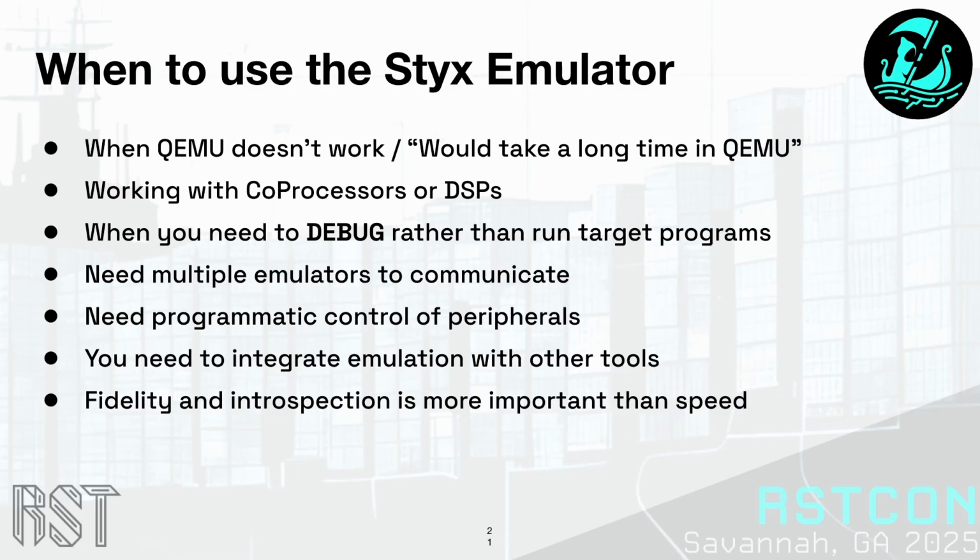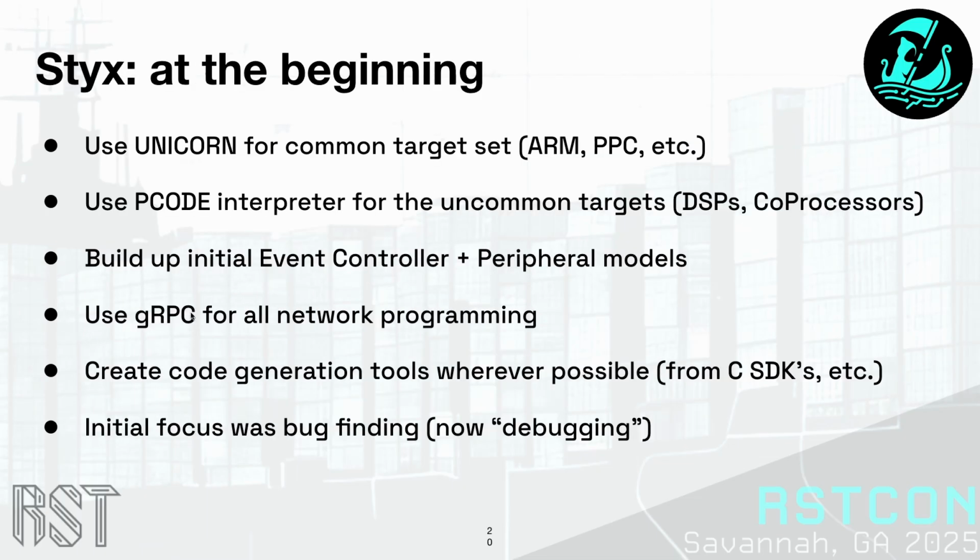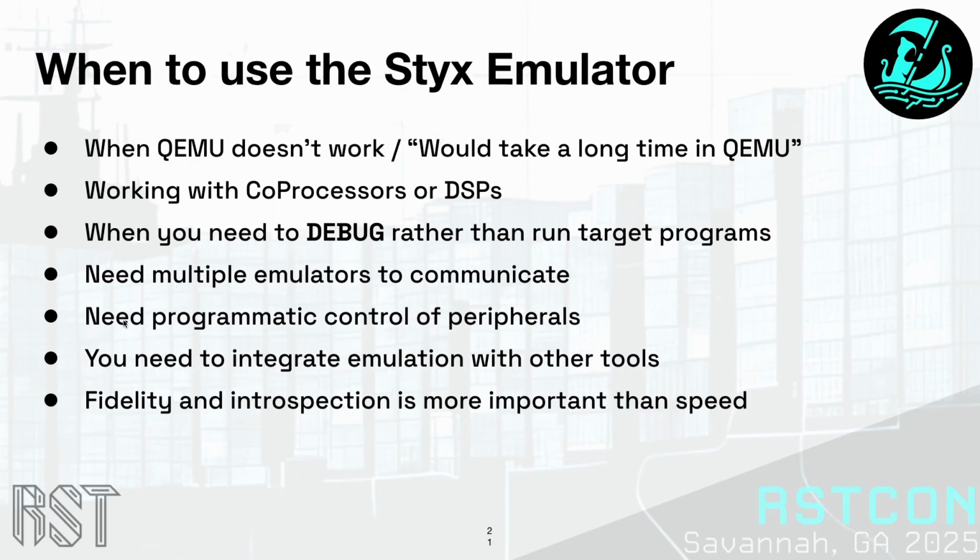Now you can use Styx to help you debug your targets, your development tools, or the firmware you're developing. It shines when you need to connect multiple emulators to each other or integrate with other external tools. Integrating with physics simulators and GNU Radio all just works due to the gRPC peripheral design, and that really makes it easy.